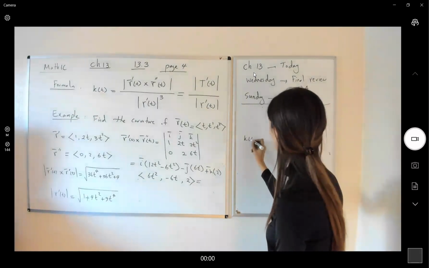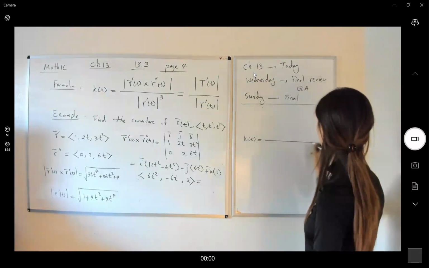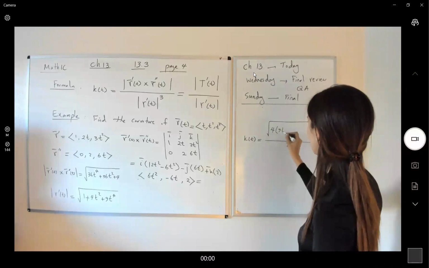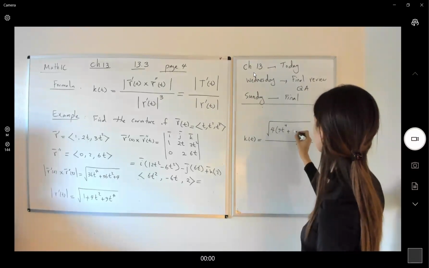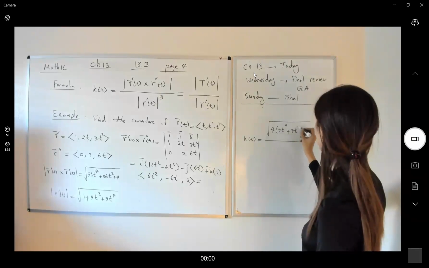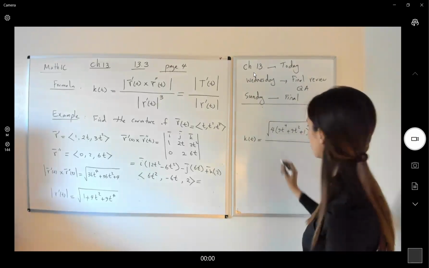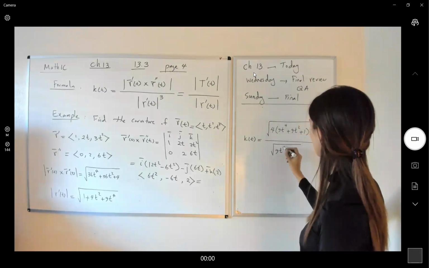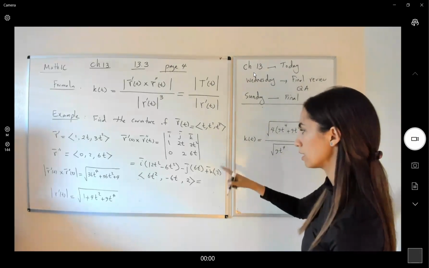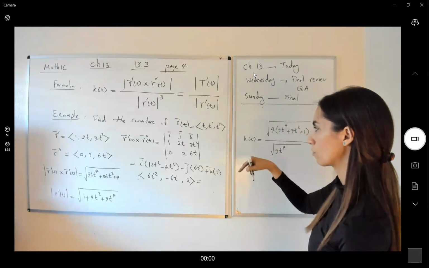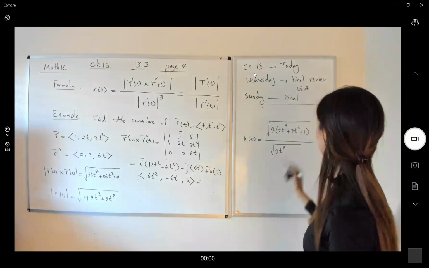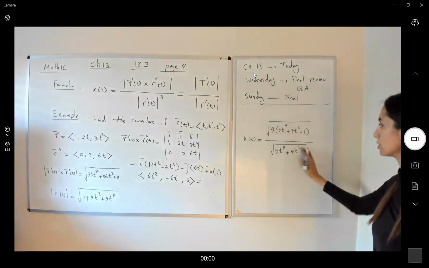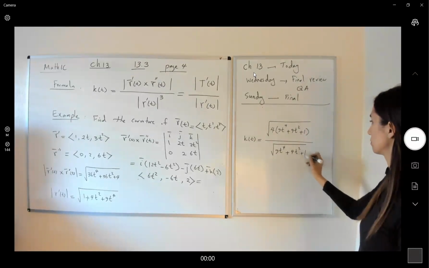So the curvature is equal to, we get the factor of 4 inside the radical, so 4 times 9t to the 4 plus 9t squared plus 1, divided by the square root of 9t to the 4 plus 4t squared plus 1.